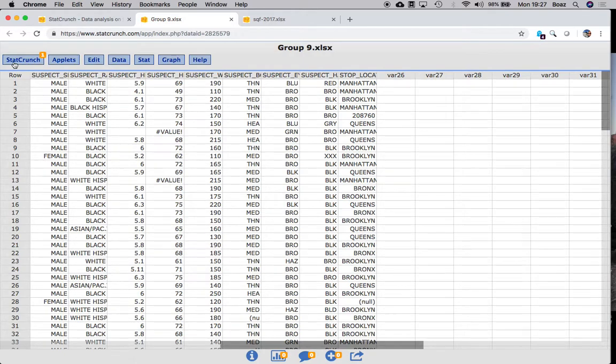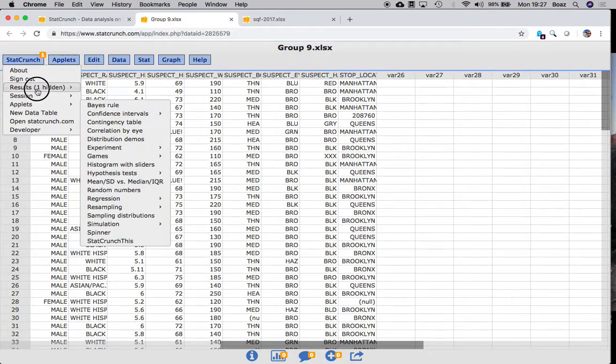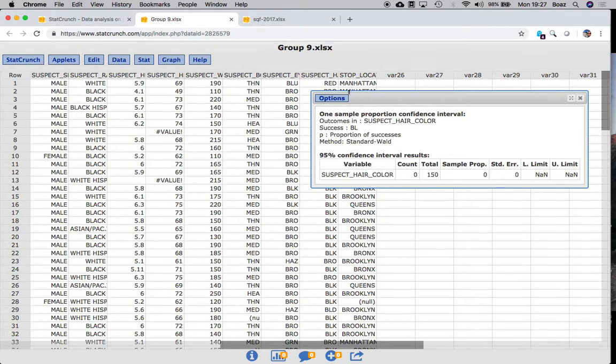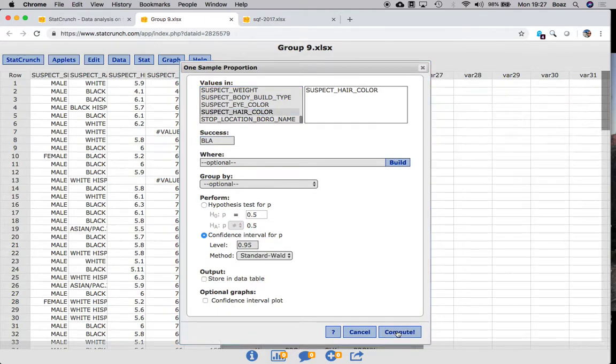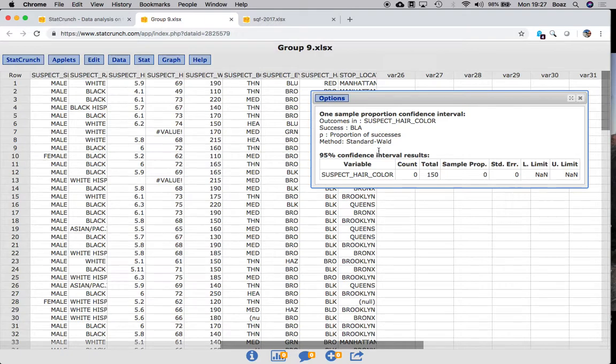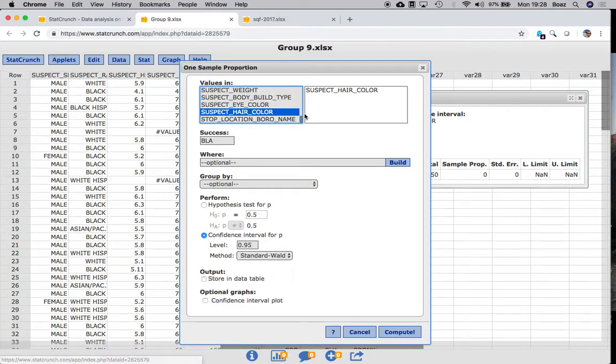And if I do go back in there and let's change this to BLA for black, and I do this compute here. Oh, that's hair color. So what do we want for hair color? BLK. How's that?